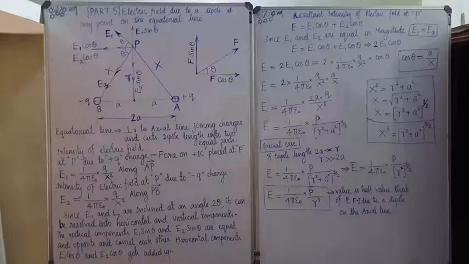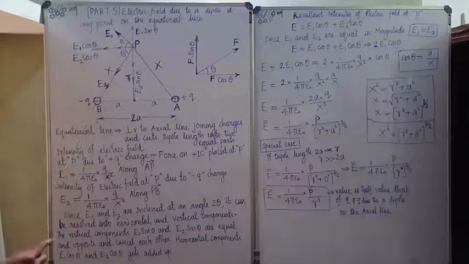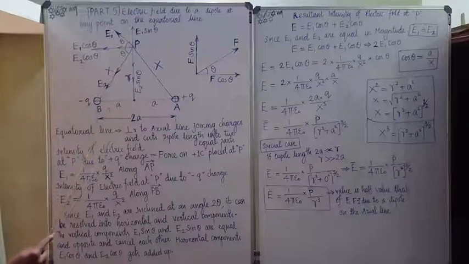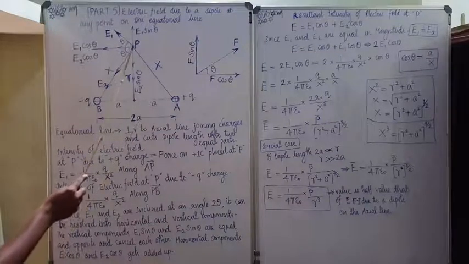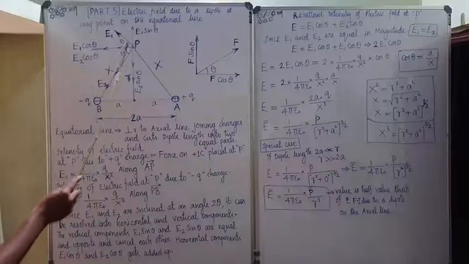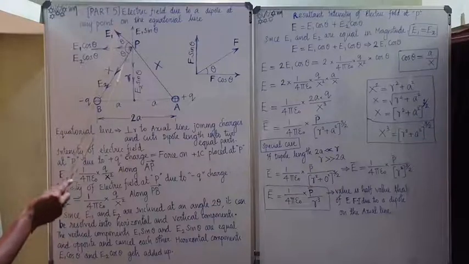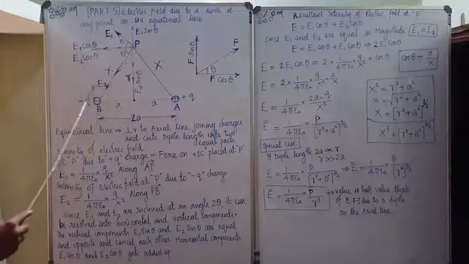I have explained that the minus q charge is placed at position B, and the plus q charge at position A. In between there is a middle point which cuts the whole length into two equal parts. Then comes a point on the equatorial position, through which a field line passes away from plus q, and a field line passes towards minus q.